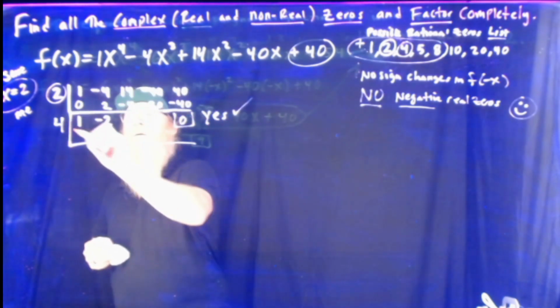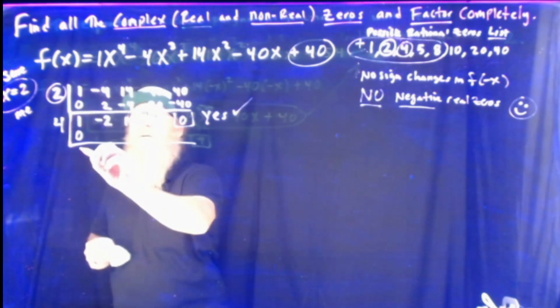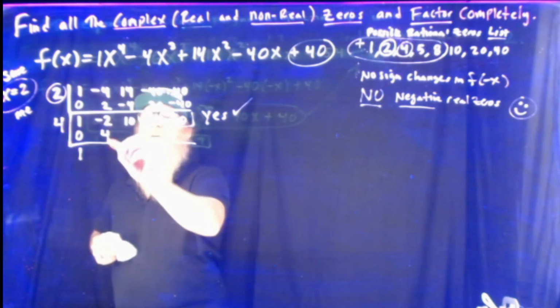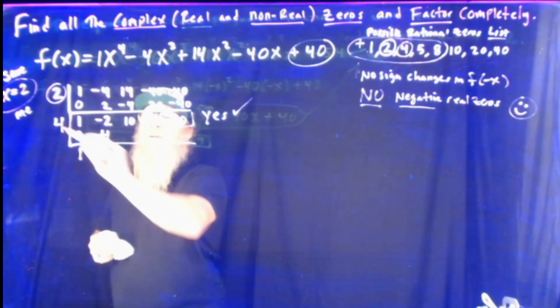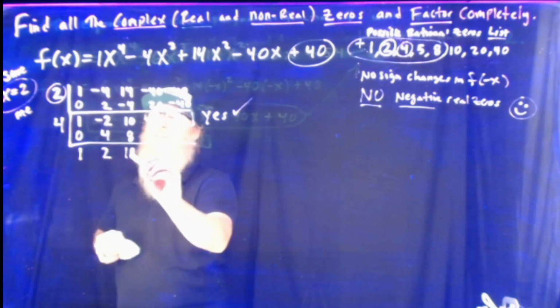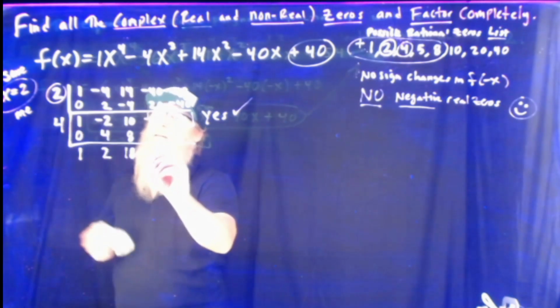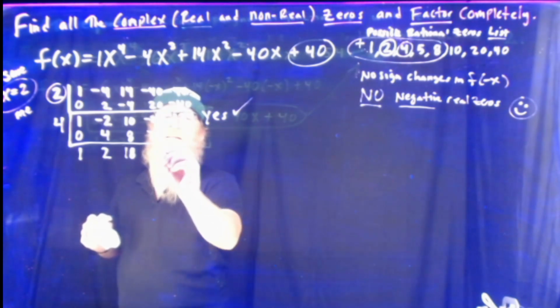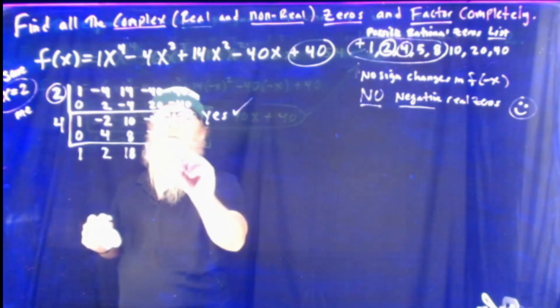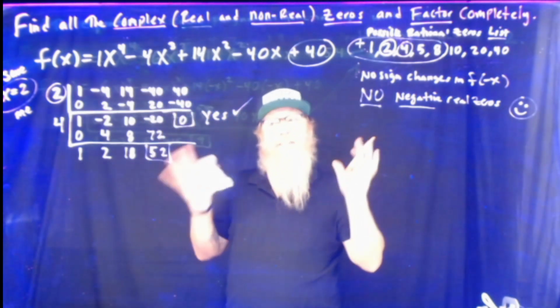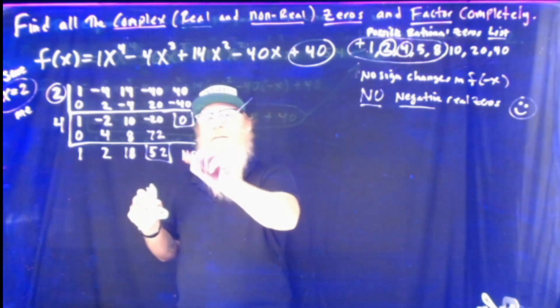So 4, 1 plus 0 is 1. 4 times 1 is 4. -2 and 4 is 2. 2 times 4 is 8. 18. 4 times 18 is 72. So -20 and 72 is 52 is my remainder. So it's not 0.